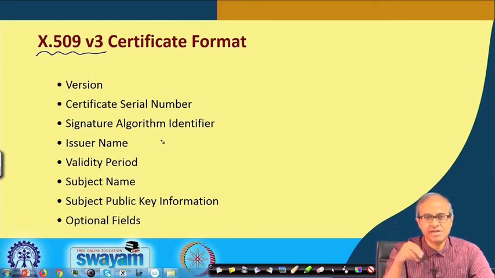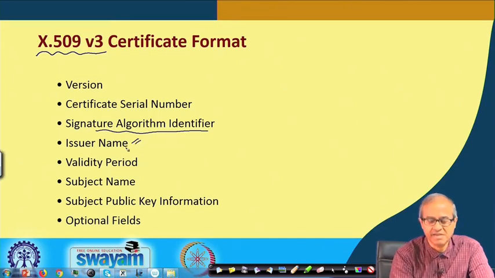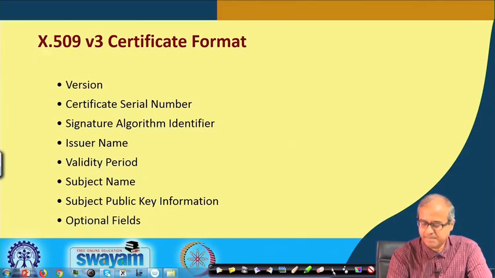The certifying authority is digitally signing it, so which algorithm is being used? Some information about that. Who is the issuer of the certificate of the public key and private key? What is the validity period? And of course, public key information of the sender.